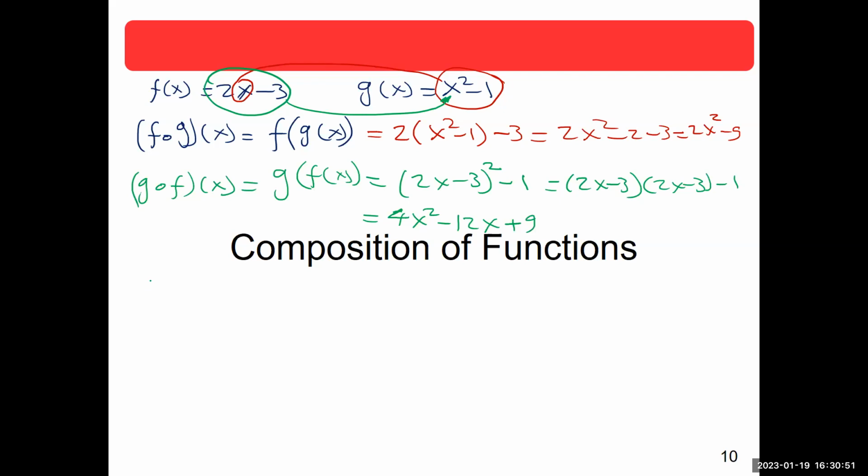Now, can I do g of g? Yes. That means we're going to substitute it in. So you're going to get x squared minus 1, to the power 2, minus 1.